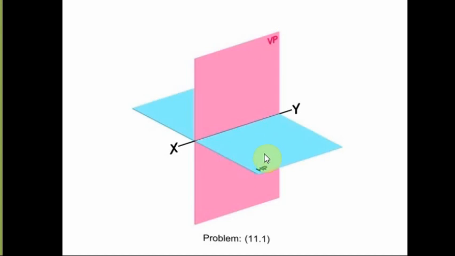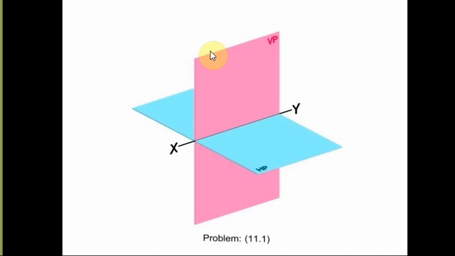After that, the horizontal plane will be rotated by 90 degrees clockwise. Then the vertical plane will be here, and the horizontal plane will be here. The rotation is used to draw these figures on a plain paper.